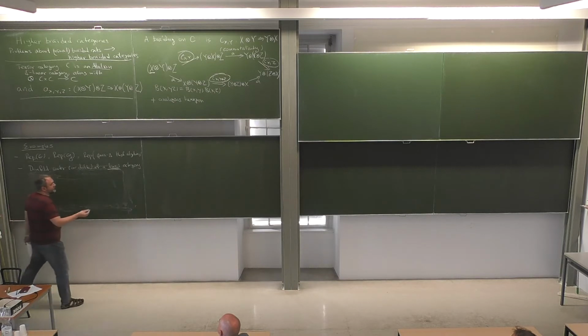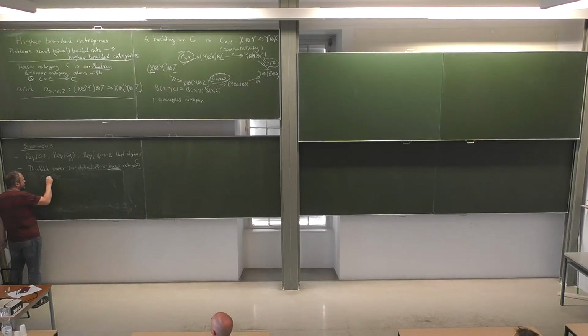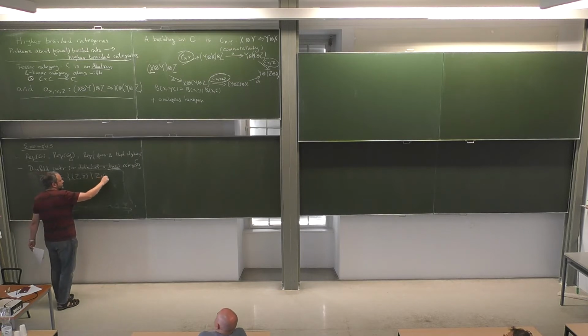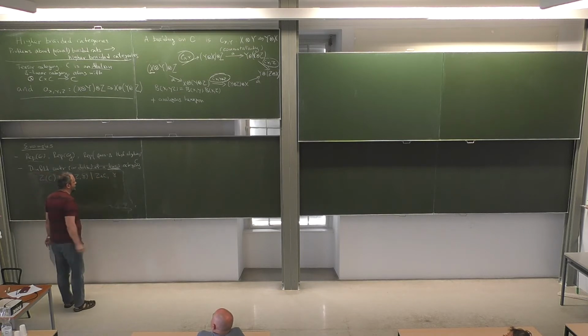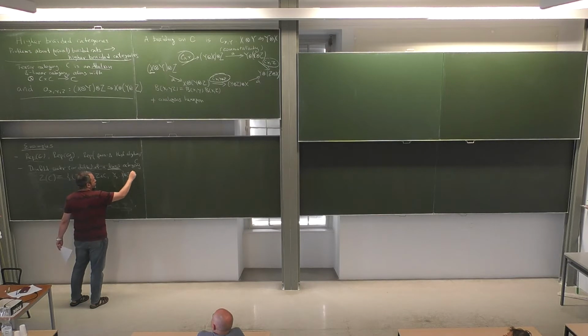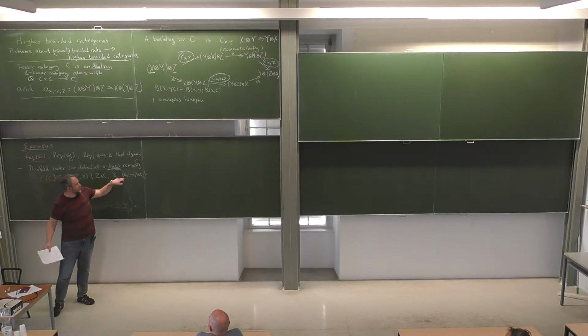Let's call it C. Then the objects of the center of C would be all pairs (Z, γ), where Z is an object of C, and γ is a natural family of isomorphisms that permutes an object in the category with this given Z. Now, it should be clear why it's called the center, because that's the condition that Z commutes with objects.